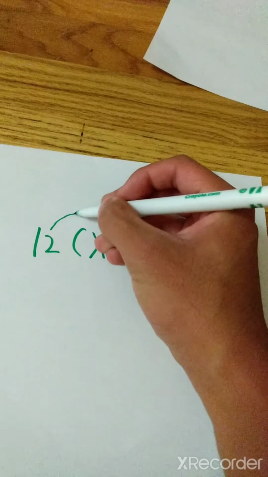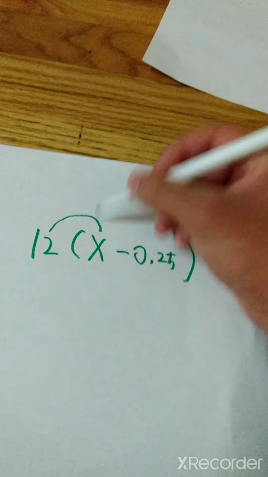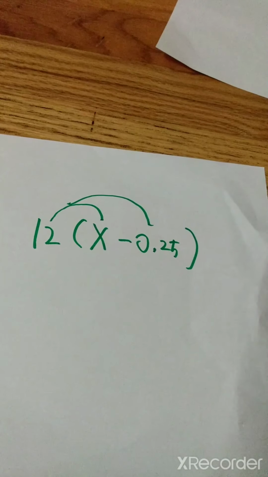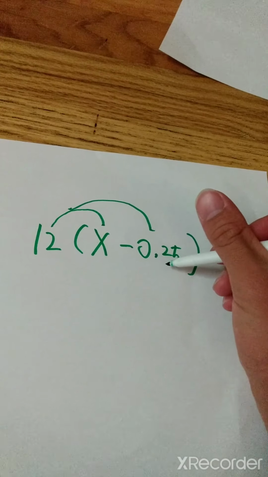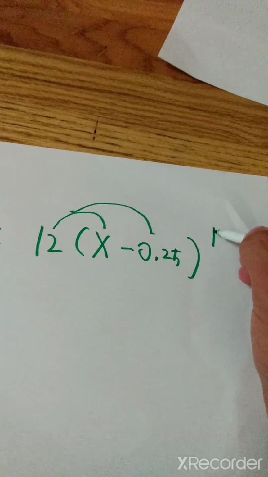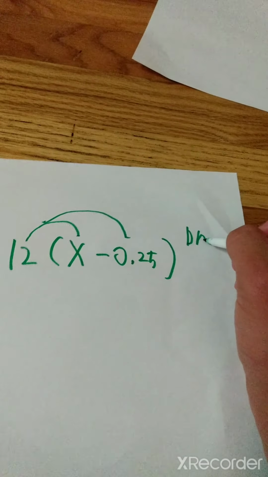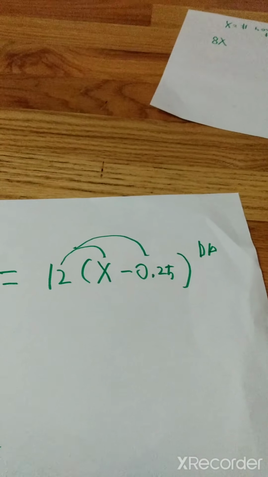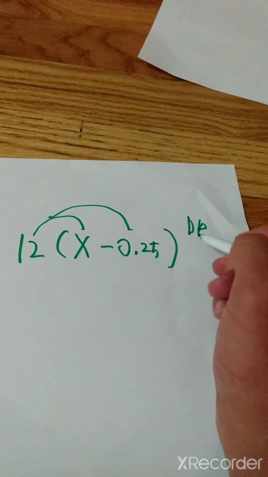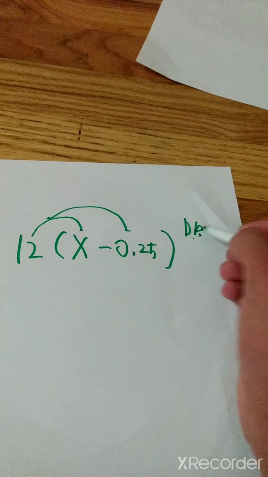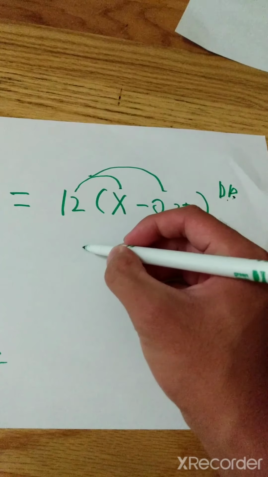We can multiply 12 by x and 12 by negative 0.25. That is called the distributive property, or DP. Each move you make in math actually has its name, and an abbreviation to label it.